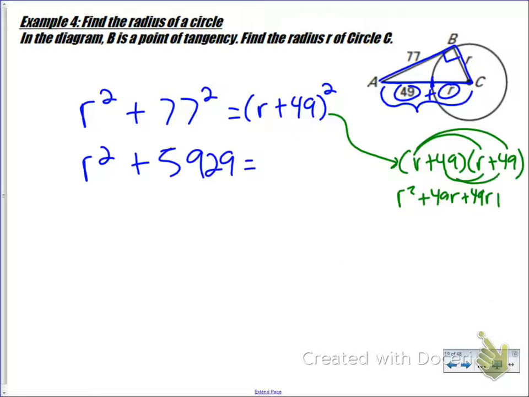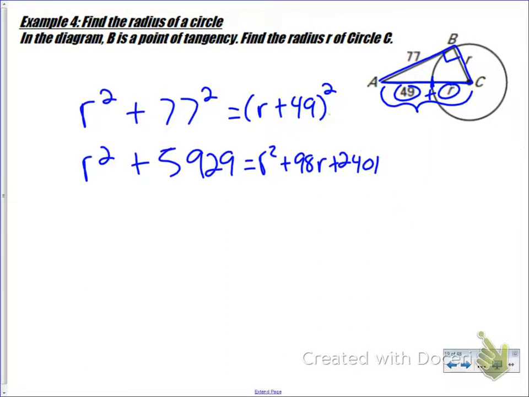And then 49 times 49 is 2,401. These are like terms, so go ahead and combine them. I'm going to get r squared plus 98r plus 2,401.